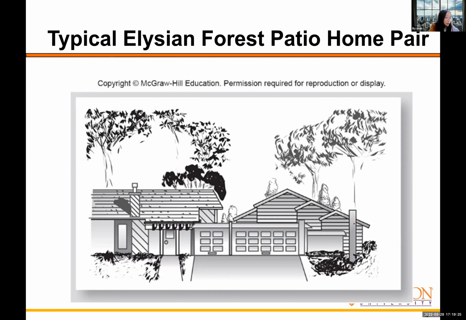So Elysian Forest offers a home pair. So it's essentially kind of a townhome, right? You do not have your single lot or your entire land devoted to yourself. Instead, there are 2 units.